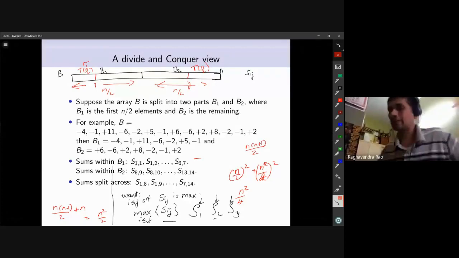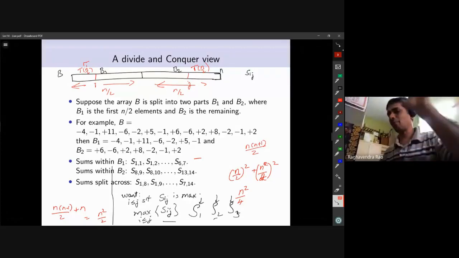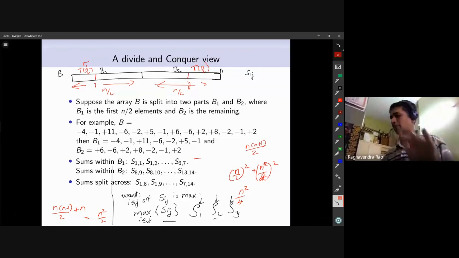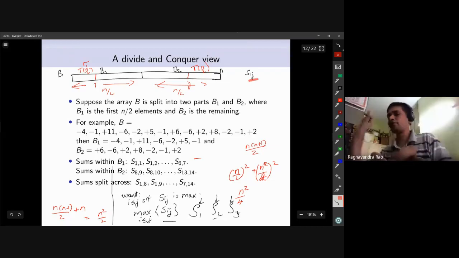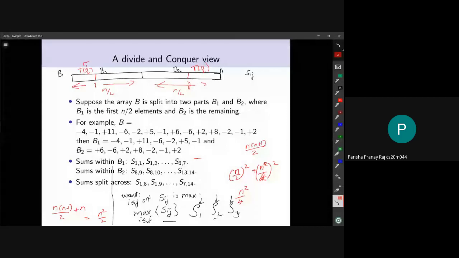For now, let's forget about our reformulation. The problem that we have in hand is to compute indices i less than j such that the subarray starting from index position i to index position j has the maximum sum of elements. Sorry for the confusion.